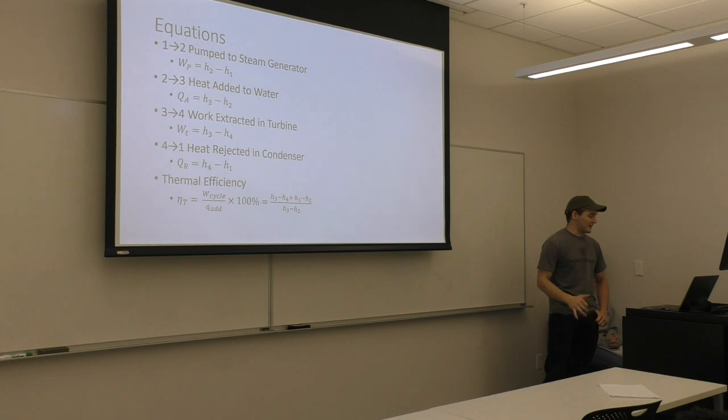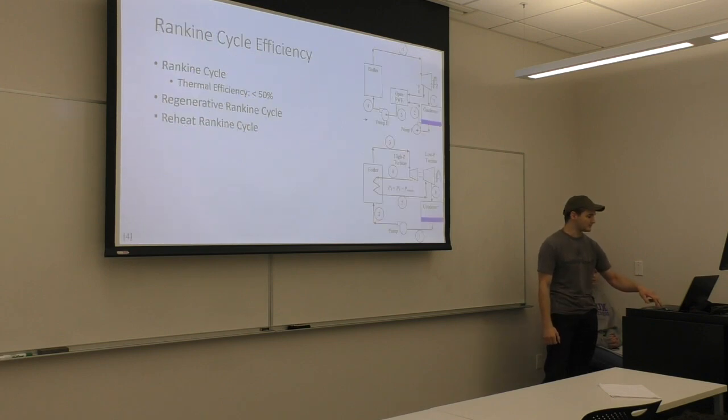Work extracted in the turbine is also just a difference in enthalpy, and then the net work is the work you got out from the turbine compared to the work you had to put in the pump, divided by the heat that was added to the water in the boiler.